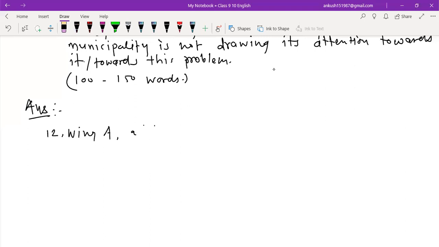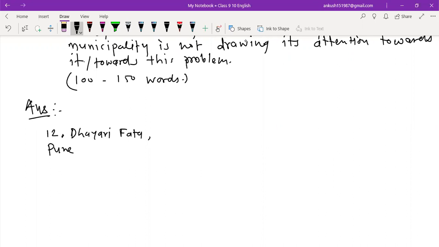I should not write the exact address here. Oh, you can keep it. Sir, write some imaginary one. Okay, this is the sender's address.